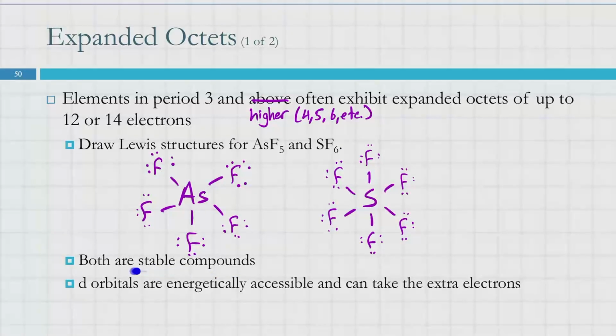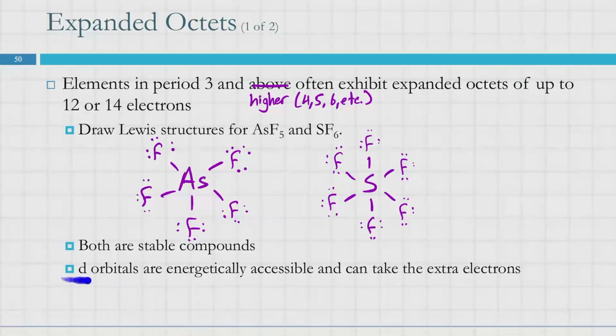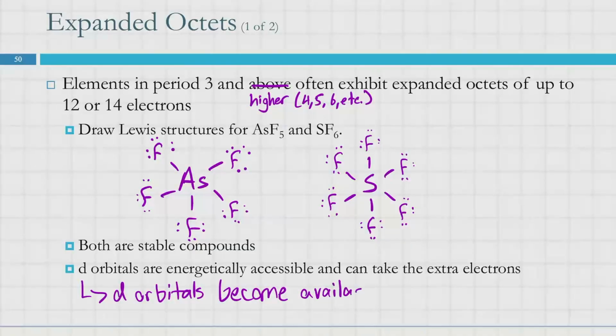These are both stable compounds, and the reason for this is that the d orbitals can take the extra electrons. So starting in period 3, we get d orbitals. D orbitals become available in n equals 3, which starts in row 3 of our periodic table, and everything below that also has d orbitals.